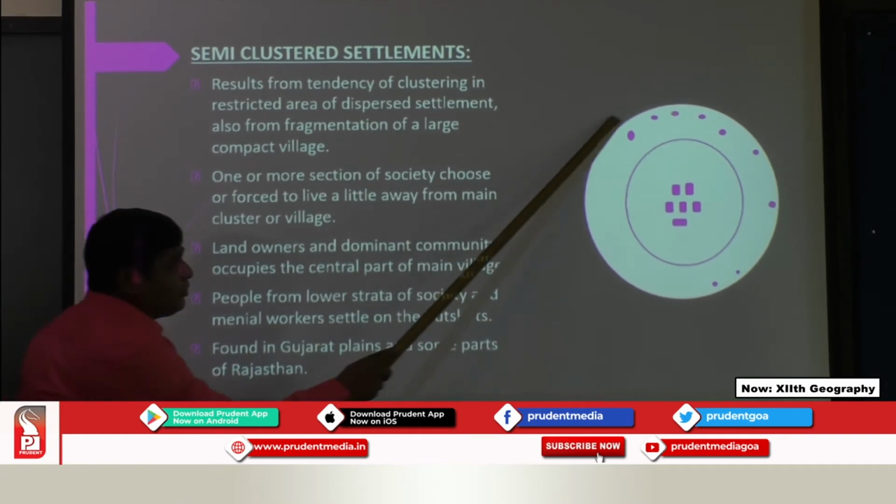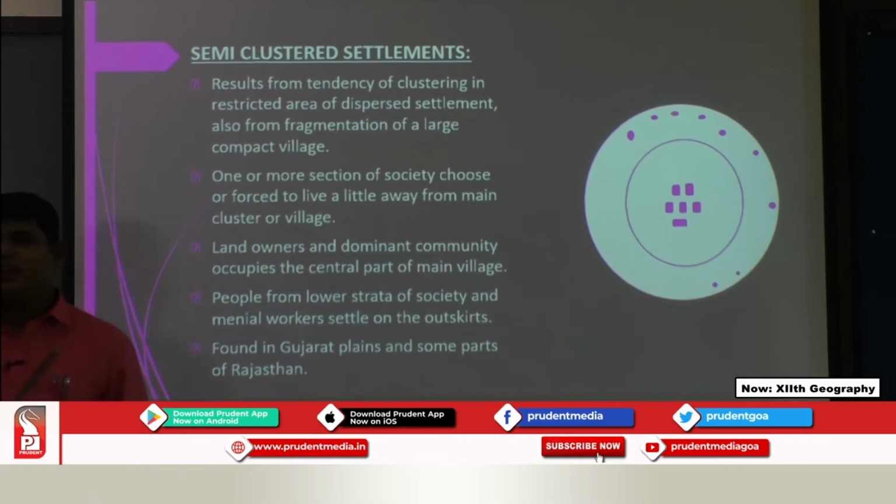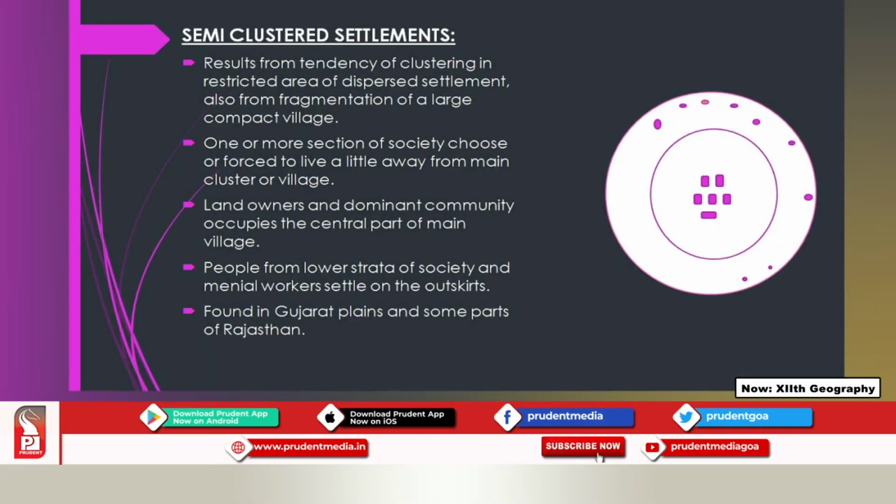And in the outer portion of the settlements, you will find the lower strata of society resides there. Okay? So this is your third and fourth important point pertaining to semi-clustered settlements.